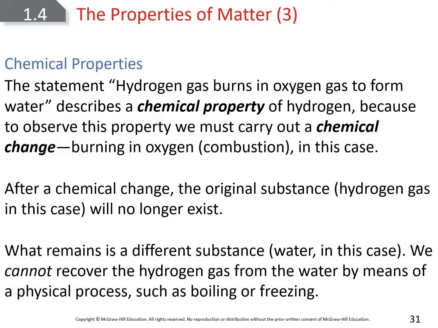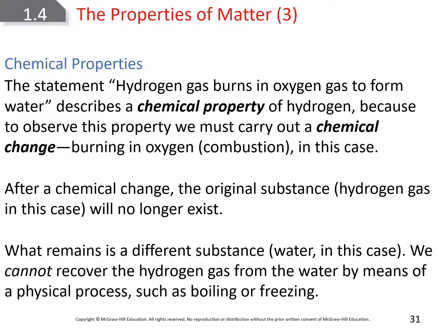However, chemical properties, this is when you can't get the original substance back. For example, if I have a car and the metal on that car rusts, there is nothing I can do to get that rust to turn back into the metal that was originally on the car. Now I can buff it off and paint over it, but that's not turning that rust back into metal.